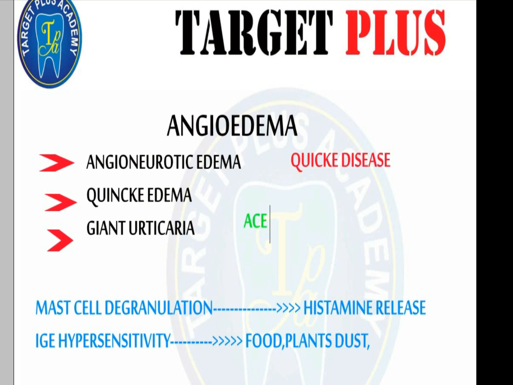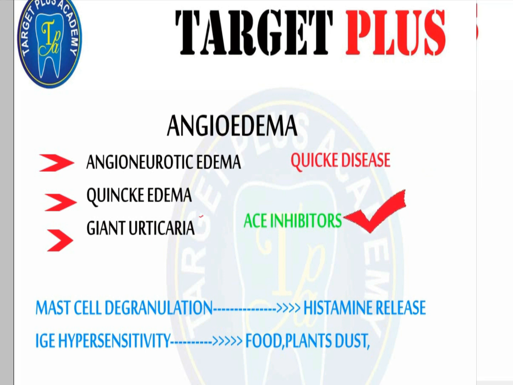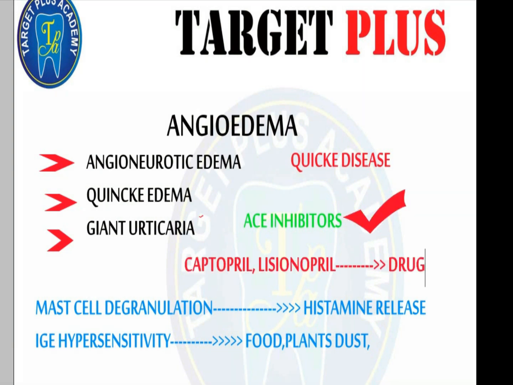Now, an unusual pattern of drug reaction that can produce severe form of angioedema that is not mediated by IgE is the type that is associated with the use of drugs like ACE inhibitors. They can be captopril, enalapril or lisinopril.